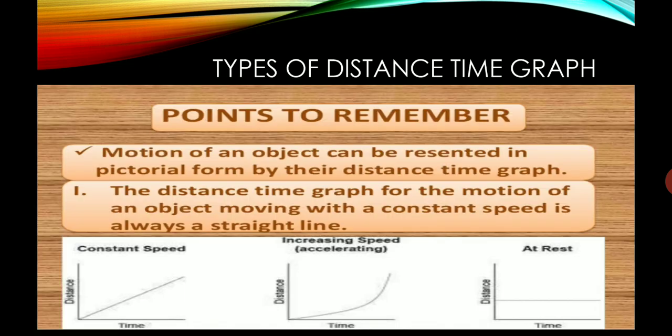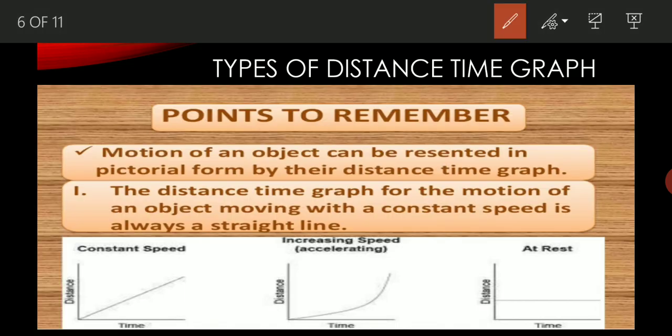Clear? Now the next thing is the types of distance time graph. Basically when we plot a graph between distance and time, we may get three types of graph. It may be a straight line, a curved line, or a line parallel to the x-axis.